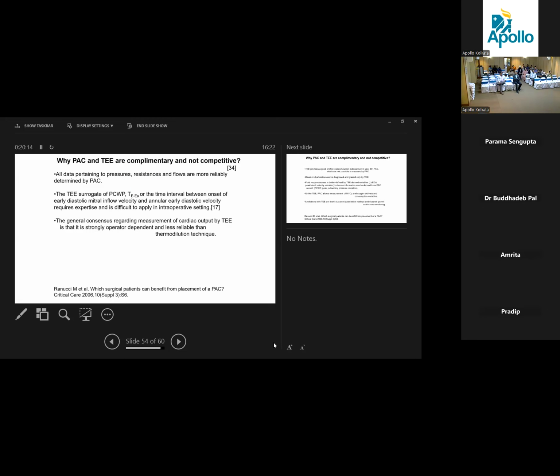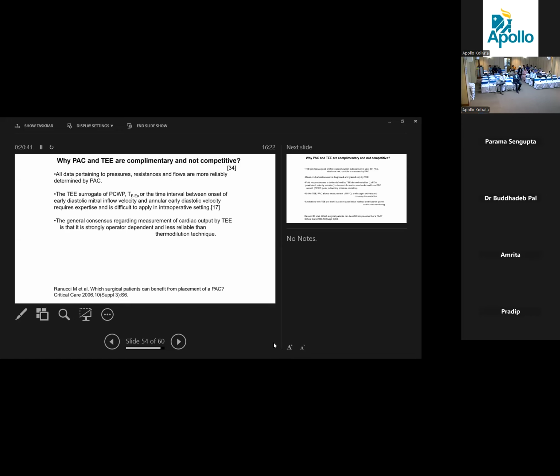Now, why are PAC and TE complementary, not competitive? All data regarding pressures, resistance, and flows are more reliably determined by PA catheters. TE provides a surrogate of pulmonary capillary wedge pressure, the E/e', or the time interval between the onset of early diastolic mitral flow velocity and the annular early diastolic velocity.